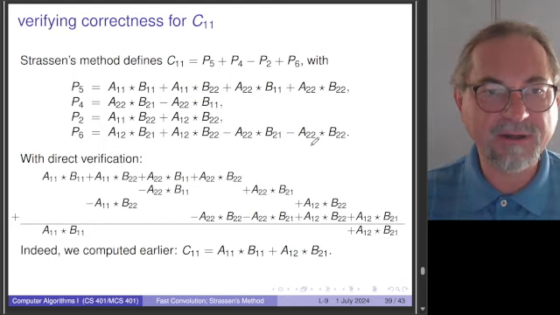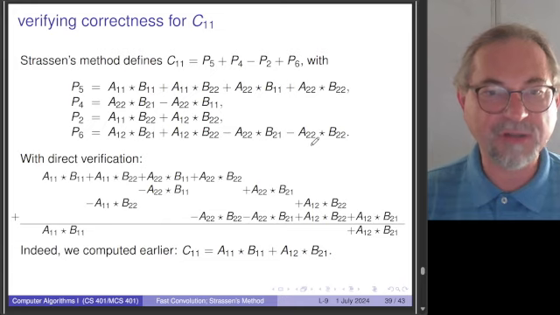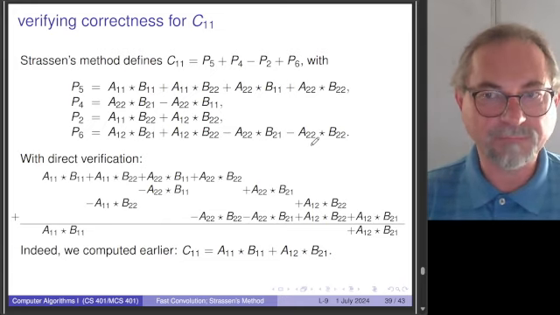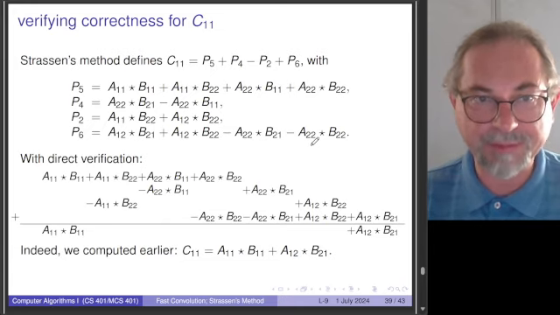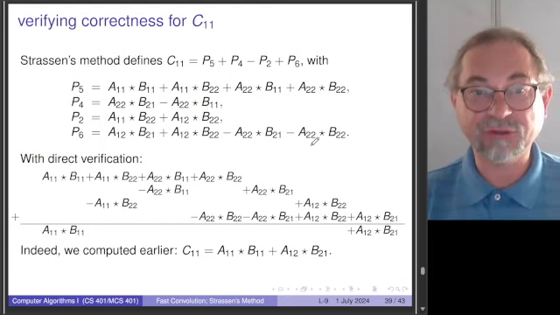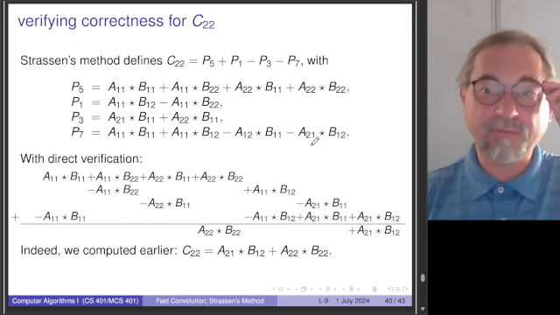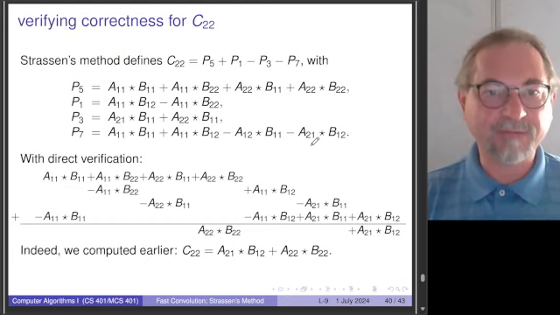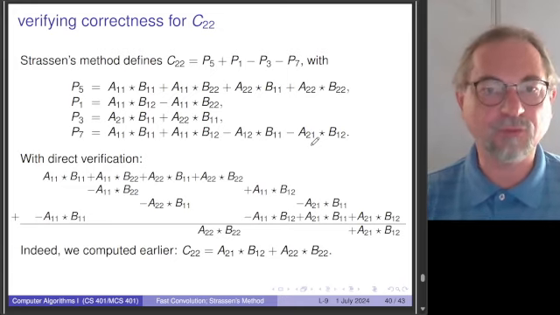If we spell out what the terms in the sum for C11 mean, then we can see again with direct verification that C11 in the product is actually what we compute. So what we represent here corresponds to the definition of C11. Direct verification. Also for C22, direct verification, we actually obtain the definition of C22.